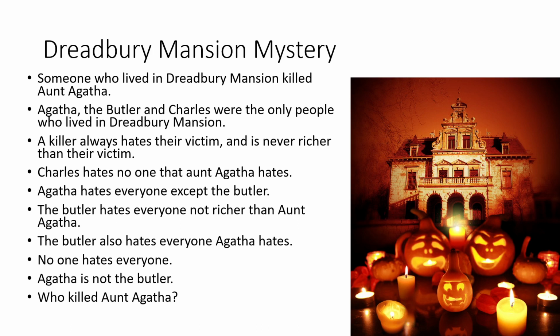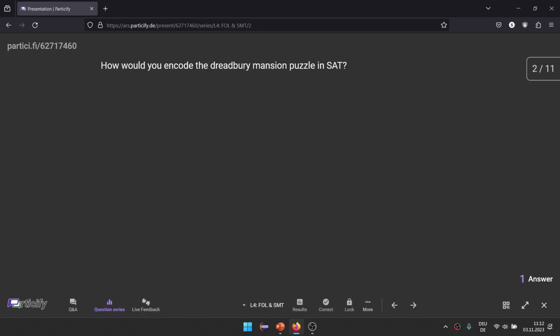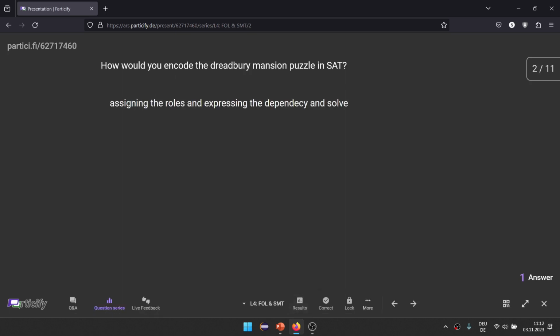Okay. Yeah, that's maybe a possibility, but maybe not the nicest one, right? We have one answer. Is that somebody who didn't answer? Okay, assigning the roles and expressing the dependency and solve. So we basically, these roles, or maybe the relations between the people, right?